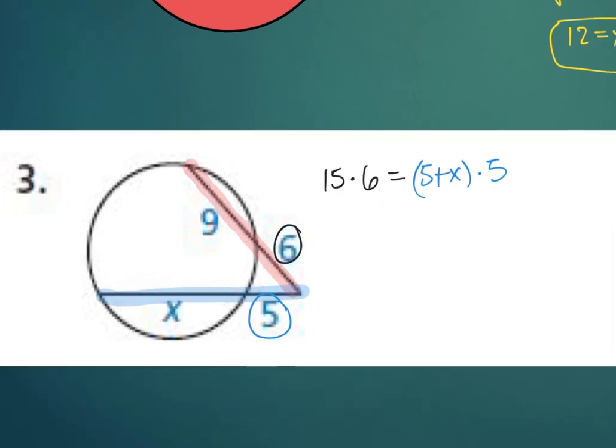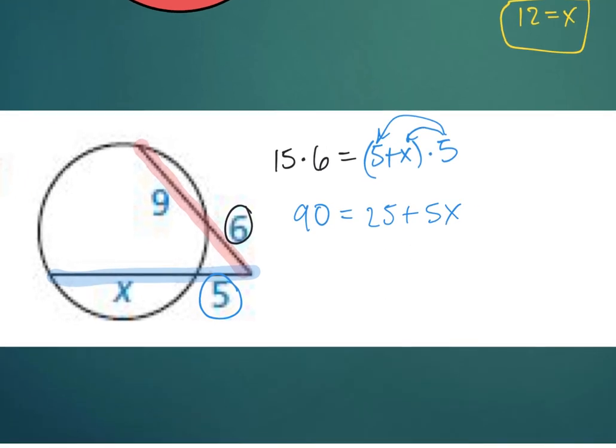So we're going to get 15 times 6, which will give us 90, equals, distribute the 5 to both terms, 25 plus 5x. We would subtract 25 from both sides. 65 equals 5x. And we get x equals 13.